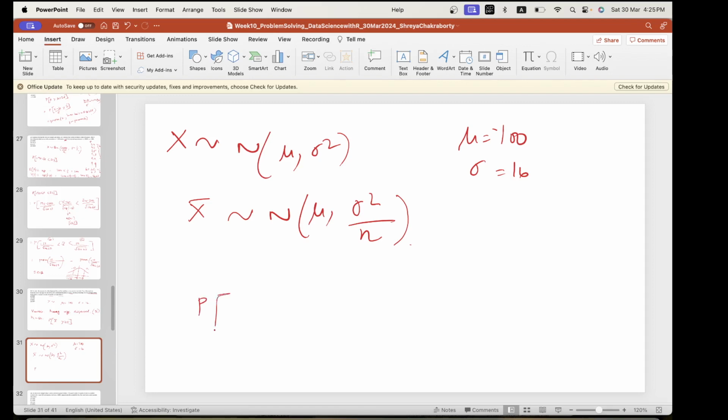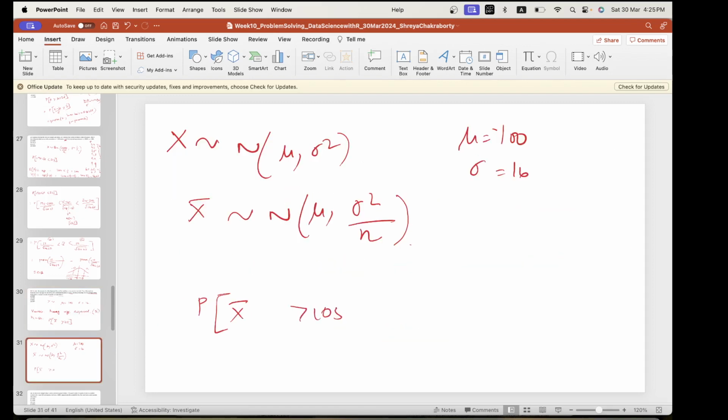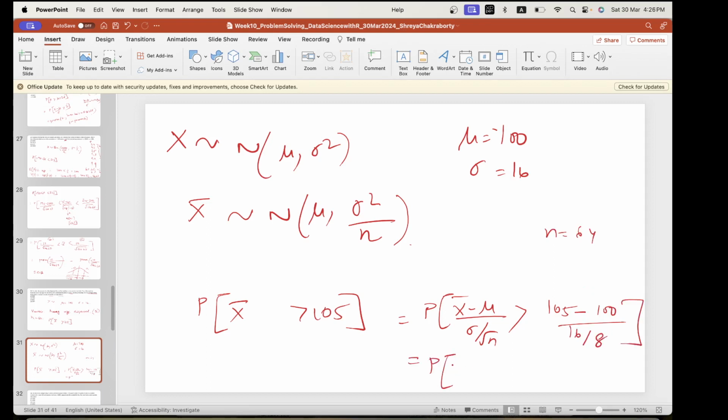So probability x bar greater than 105, I can write it as probability x bar minus mu by sigma by root n greater than 105 minus 100 by sigma is 16 and n is 64. So root n would be 8. So this is actually a standard normal. So z greater than 5 by 2.